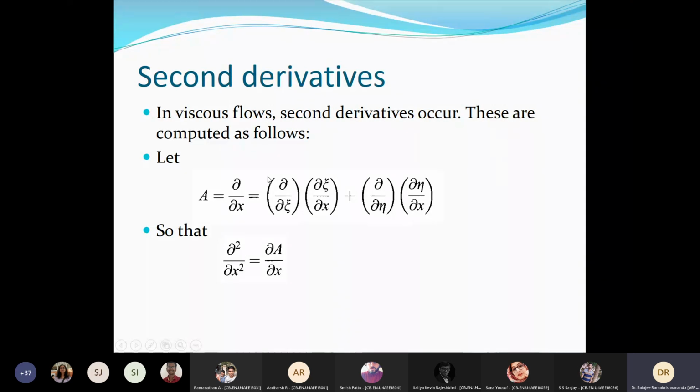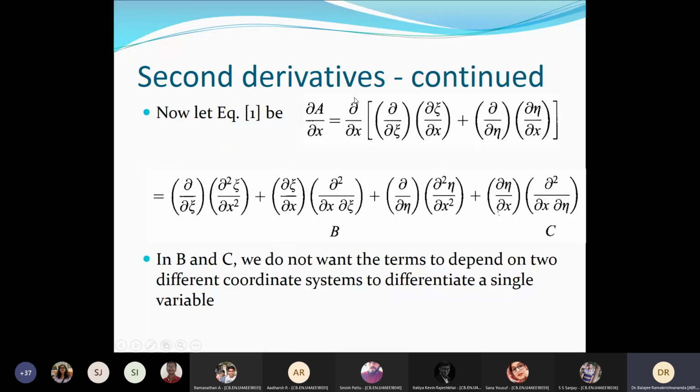∂/∂x of A, same thing you do. So that's how it will look. ∂/∂x of this whole stuff, which is ∂/∂ζ of this whole stuff by ∂x plus ∂/∂η into this whole stuff by ∂x.